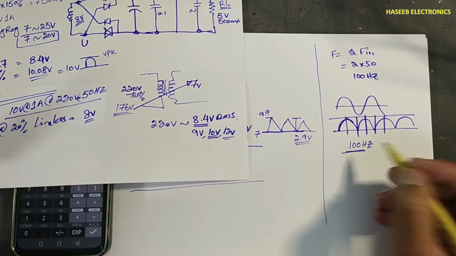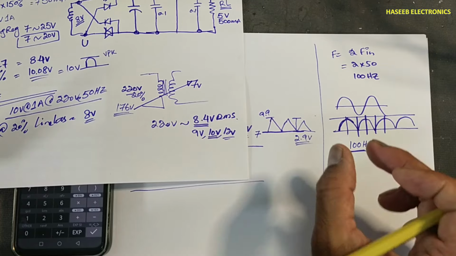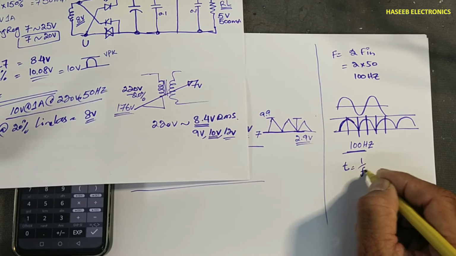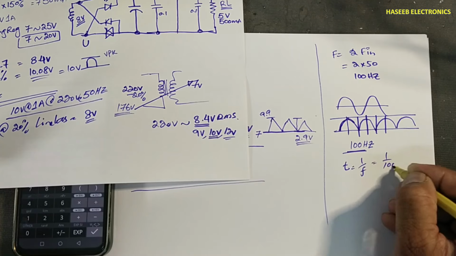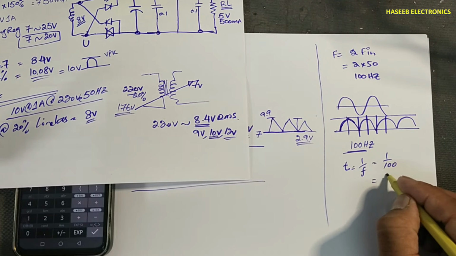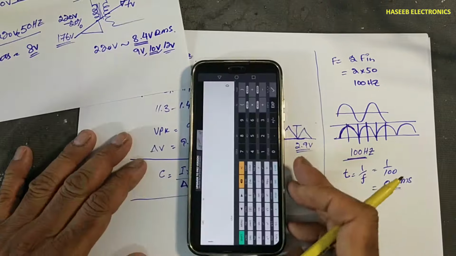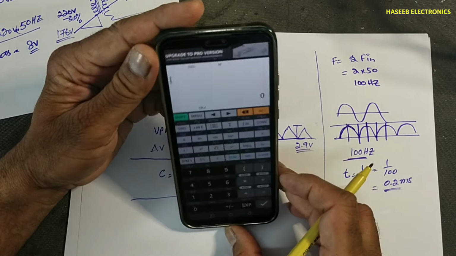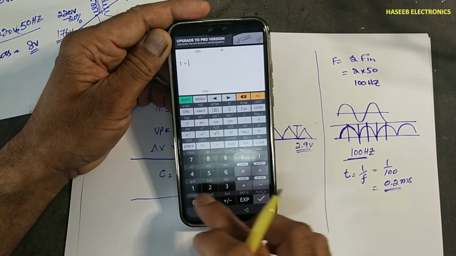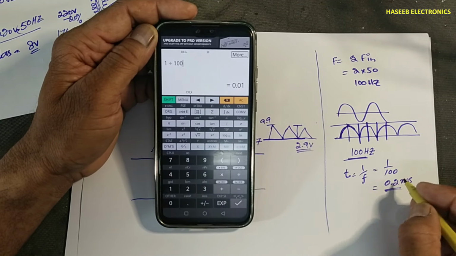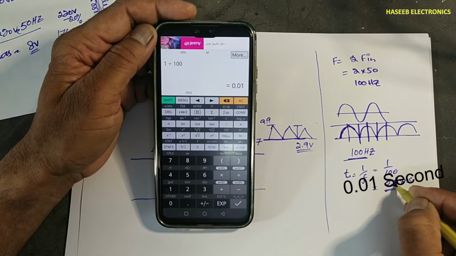This 100 Hertz frequency, one cycle, how much time? T is equal to 1 over F, 1 over 100. It is 10 millisecond.